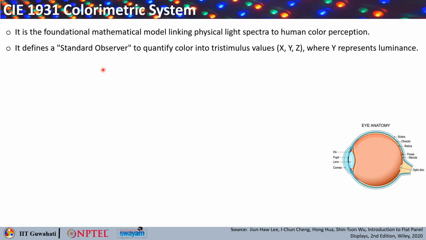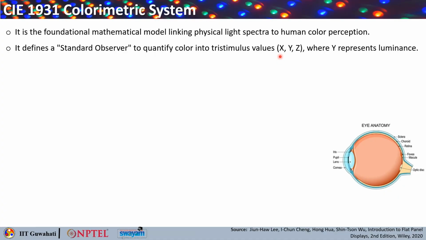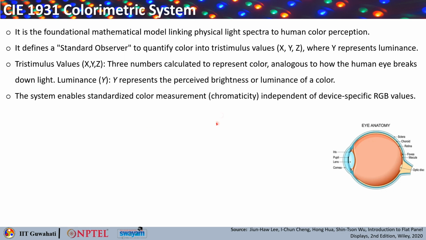It is the first foundational mathematical model linking physical light spectra to human color perception. It defines a standard observer to quantify color into tri-stimulus values, which are capital X, capital Y and capital Z, where capital Y represents the luminance. So, you understand that these tri-stimulus values X, Y, Z, the three numbers, are for representing colors, analogous to how the human eye breaks down light.